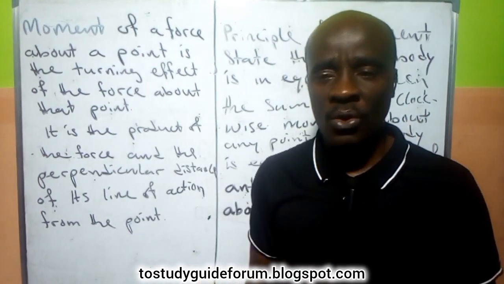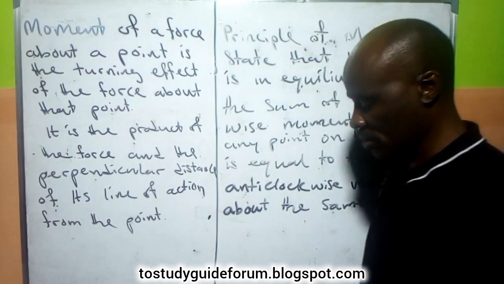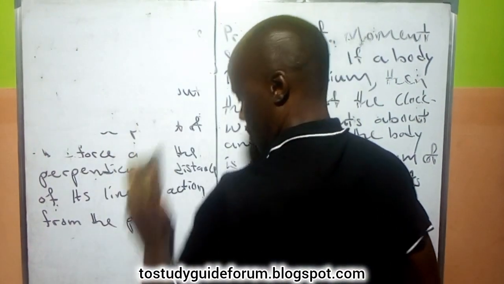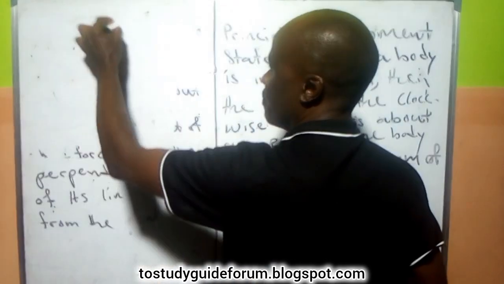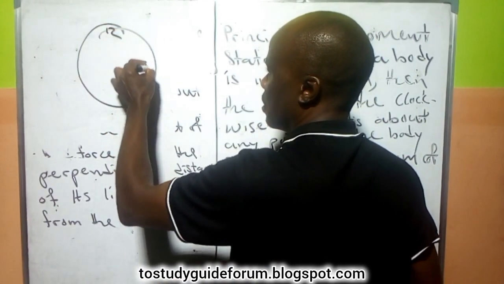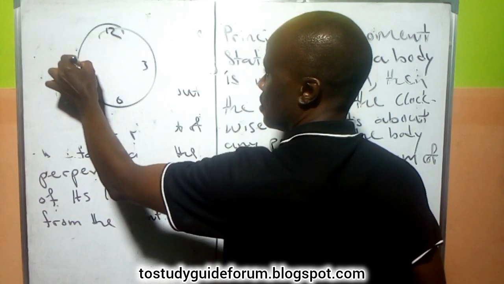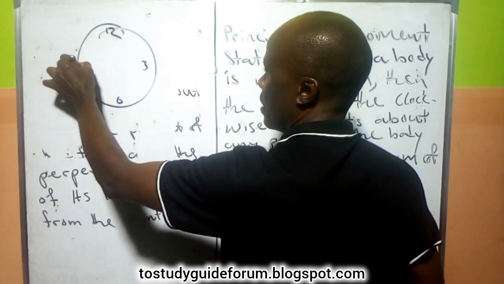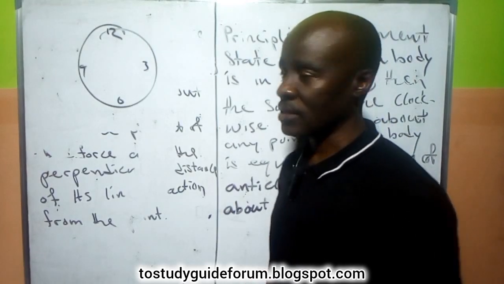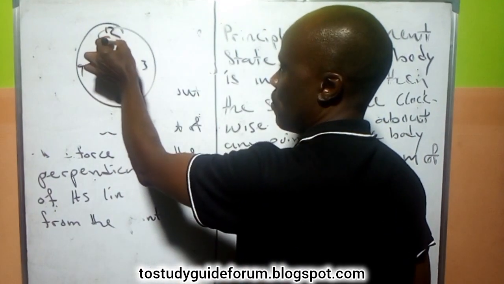If you look at your normal clock, this is 12, this is 3, this is 6, and this should be 9. So clockwise means the direction our clock normally moves.